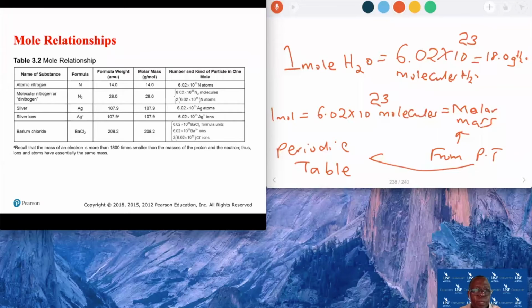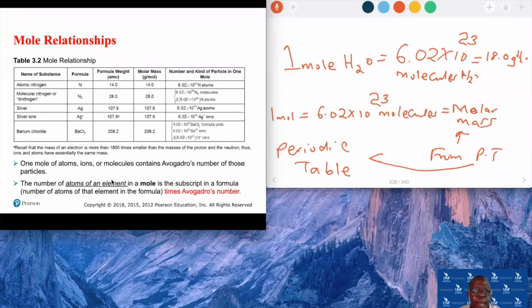It doesn't change the formula weight or atomic mass, because that 1 electron is 1,800 times smaller, so it will not change the mass of those elements. It's just like having an 18-wheeler truck on a scale and then a mosquito patch on top of it, but it's not going to change anything. That's what it means.